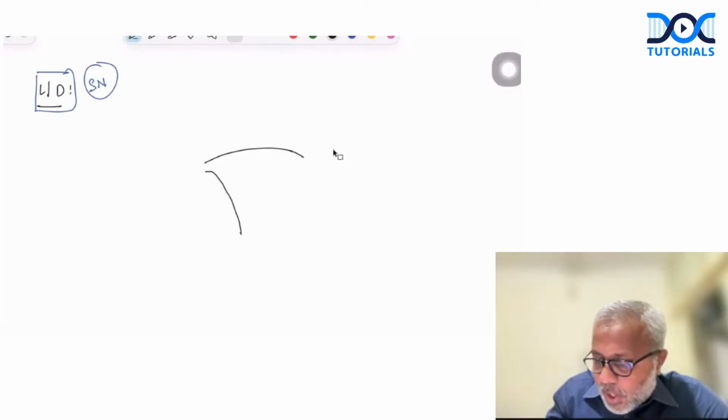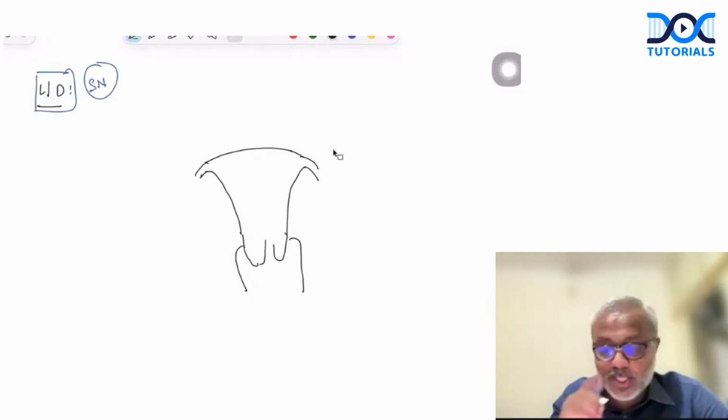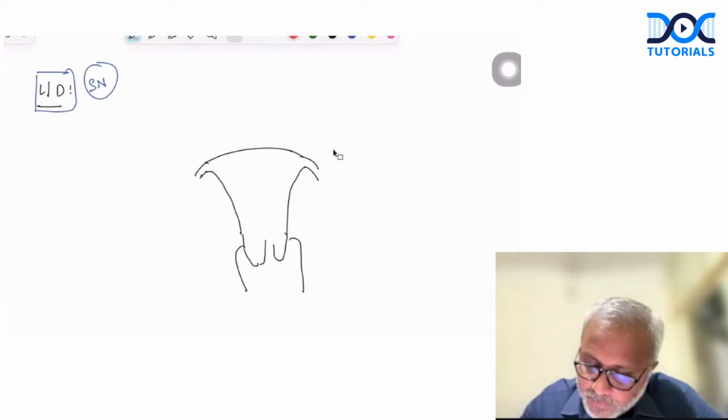Again, draw the outline of the uterus. A simple outline of the uterus showing the body, the cervix, and let's imagine here is the vagina. Now, what I want you to add to this is the abdominal aorta.